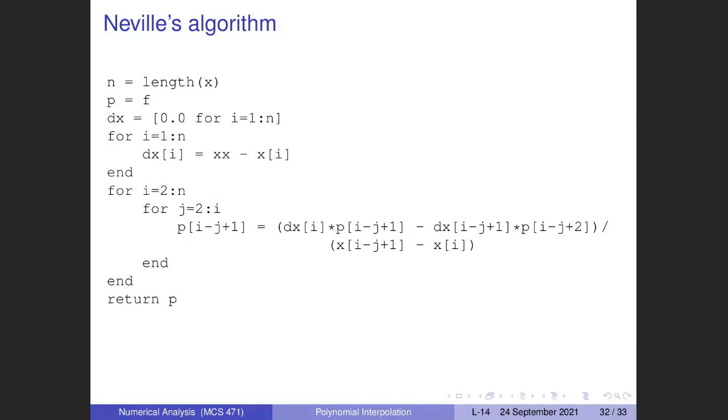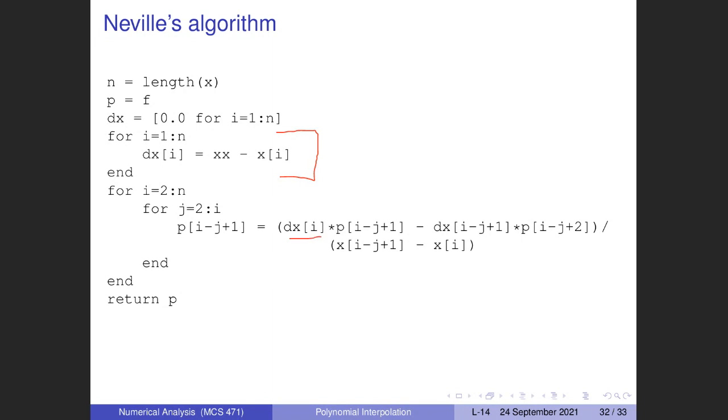See, with Neville's algorithm, we are a little bit more efficient. So all the differences with the x star, with the xi, instead of turning this into a quadratic computation, we save it in one vector. So this saves us some differences.